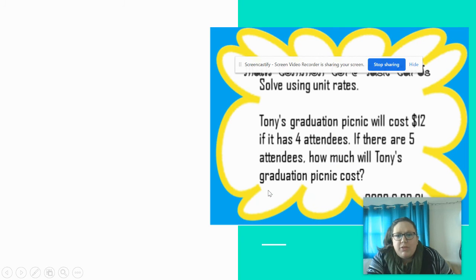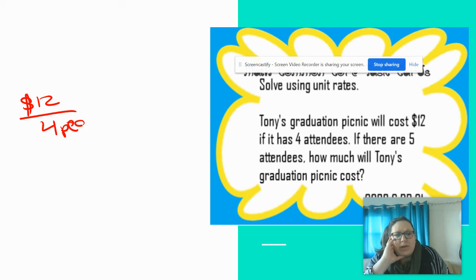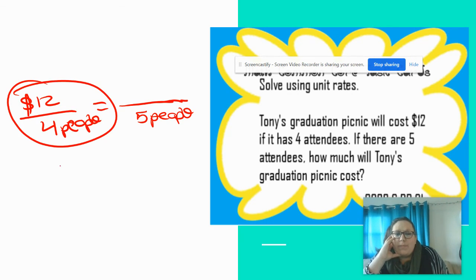All right. Tony's graduation picnic will cost $12 if it has 4 attendees, so I'm going to write that down: $12 for 4 people. Attendees are just people. If there are 5 attendees, what will the cost be? Again, I cannot go from 4 people to 5 people. So I'm going to simplify this by dividing both of those by 4. This would be $3 per person.